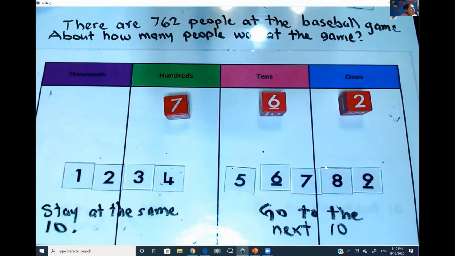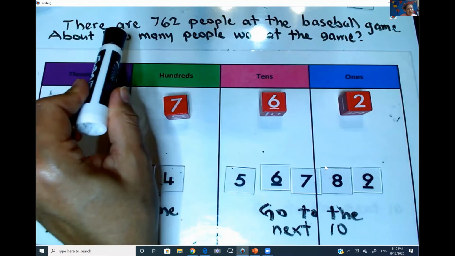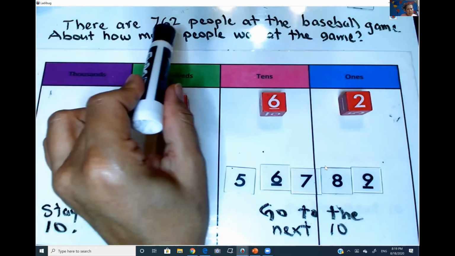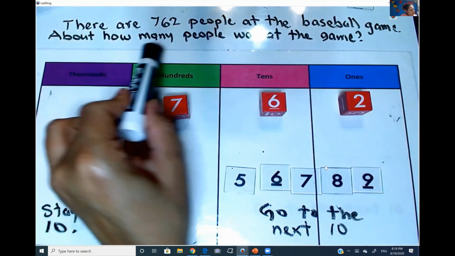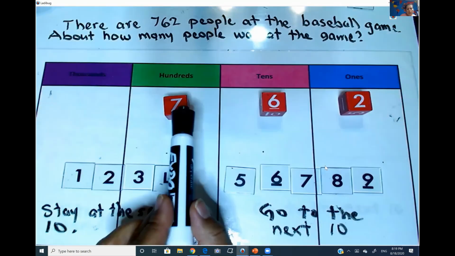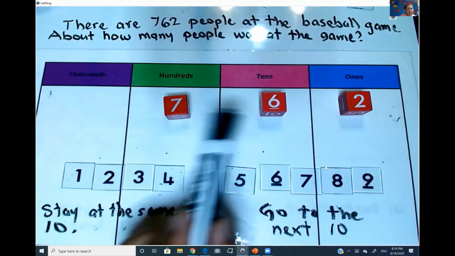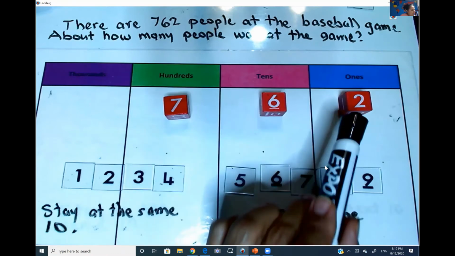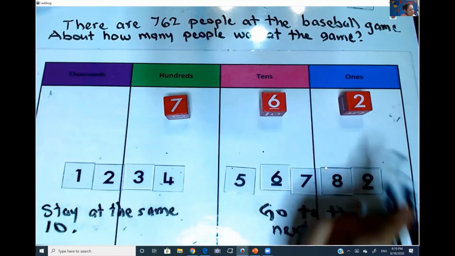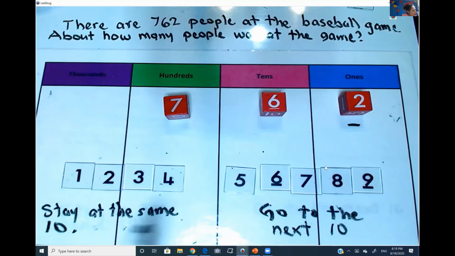If we try to solve the same problem, there are 762 people at the baseball game, about how many people were at the game, we're going to apply the same rules. So we have 762, and I'm going to notice the last digit. The last digit is a 2, it is on this side, and here it says you stay at the same 10. So that means my 700 is going to repeat.